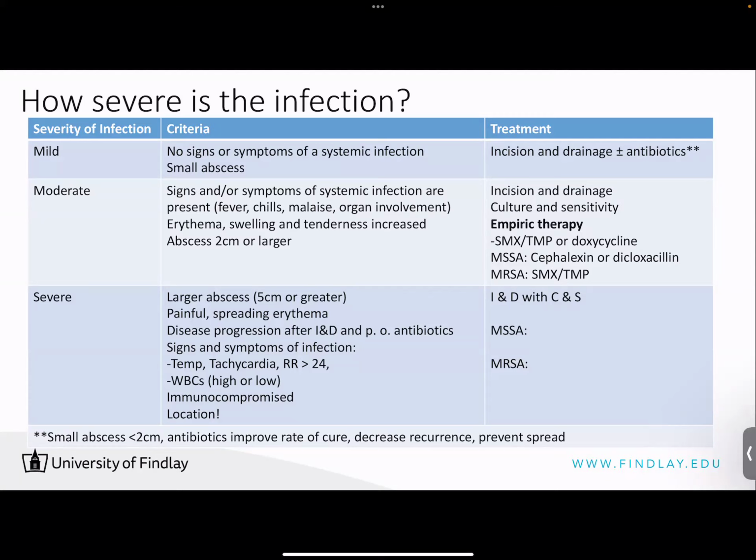Somebody comes in, they've got the abscess, but they're otherwise doing well. They don't look sick, they don't feel sick, they just got this bump and it needs to be addressed. That's definitely a mild infection.